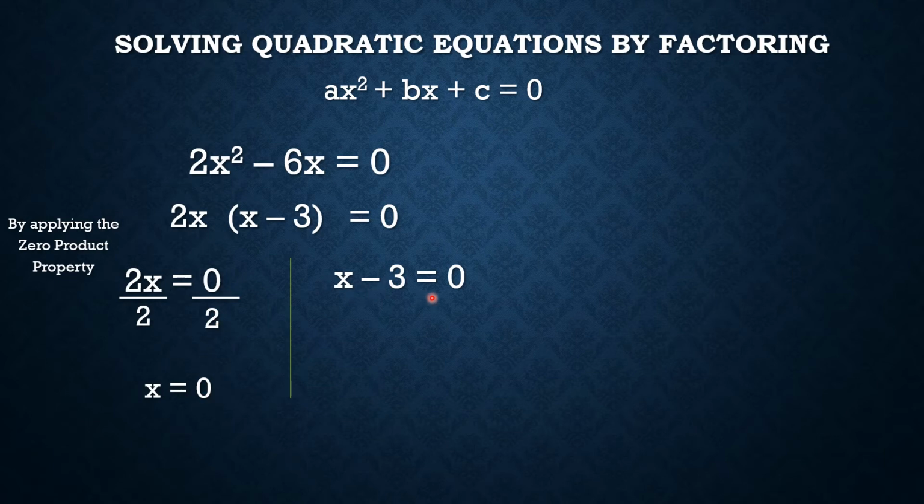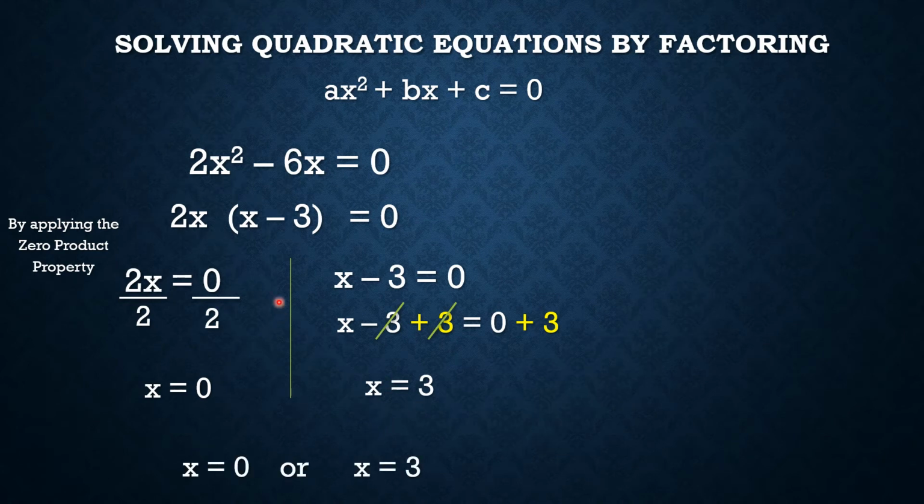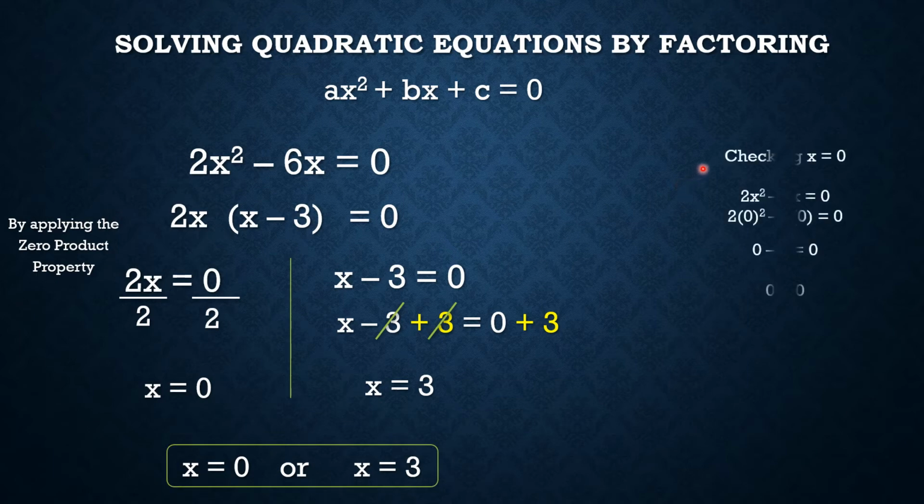Now, for the second one, by applying the addition property of equality, we have to add positive 3 on both sides to eliminate this negative 3. And so we have x is equal to 3. And therefore, our solution to this quadratic equation is either x is equal to 0 or x is equal to 3.